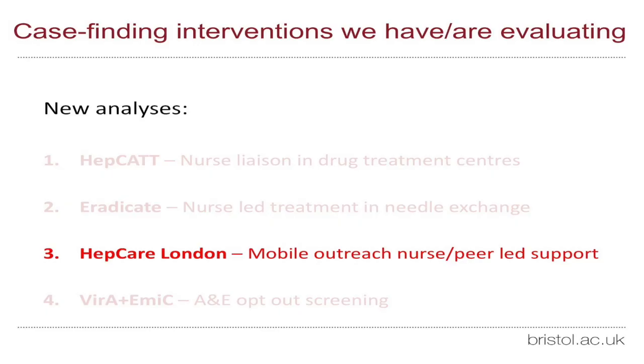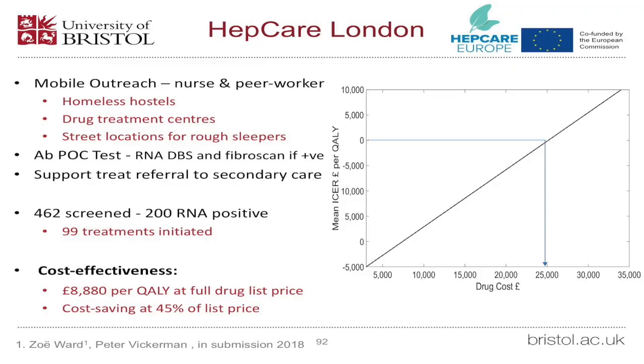So another one we've just been looking at and just submitted is HepCare London. This is the find and treat intervention, which Alistair was talking about earlier when he stood up. This intervention is a mobile outreach intervention which uses nurses and peer workers. It visits homeless hostels, drug treatment centres, and also street locations to identify rough sleepers.